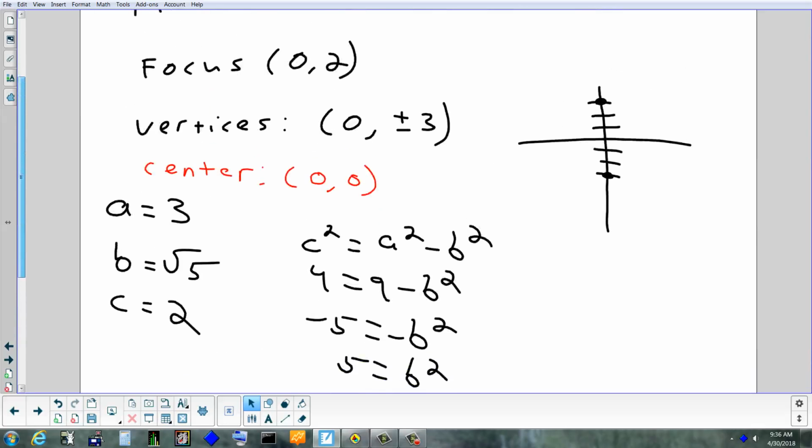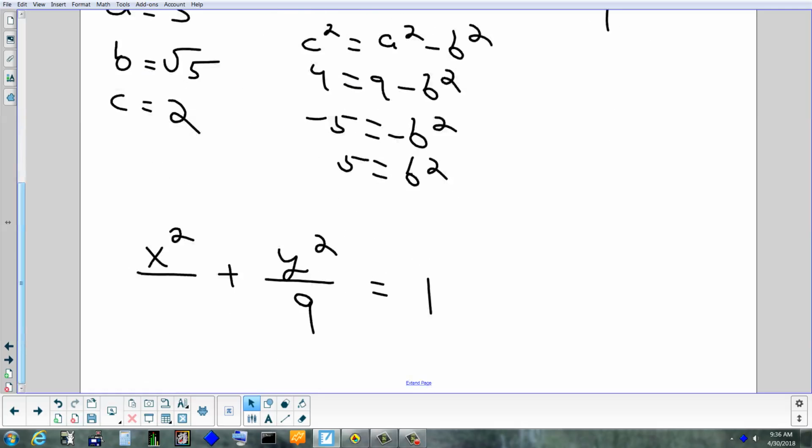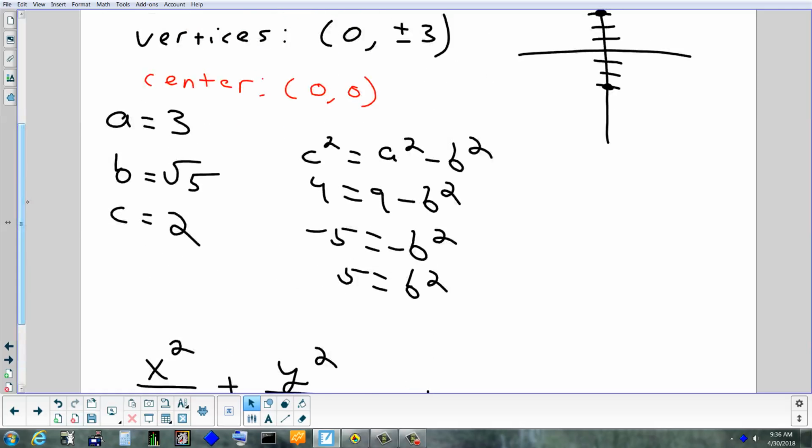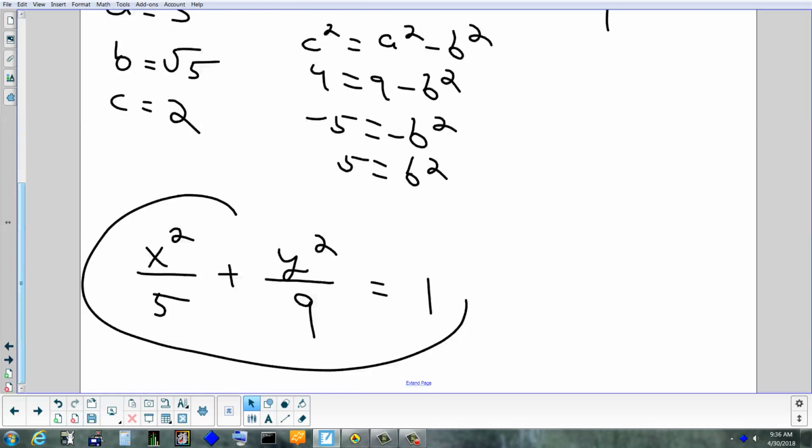Y. How come? Because the major axis is the y-axis. Exactly. We want the bigger number, which is a, to go under the y, and that'll make this go vertical. So a squared is 9, and b squared is 5. And there's your equation. Any questions on that one? All right.